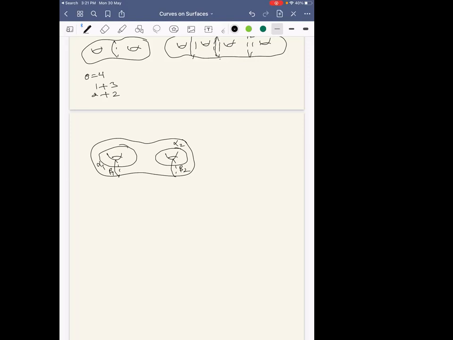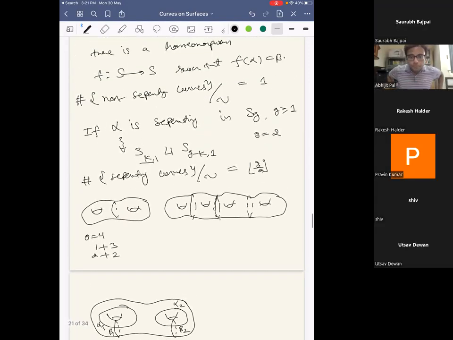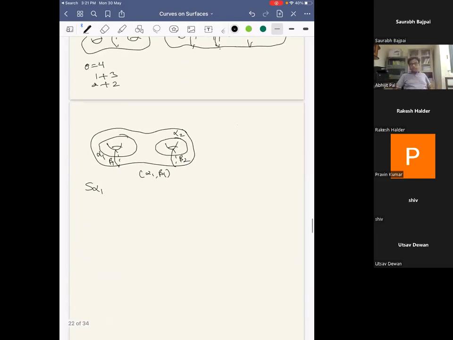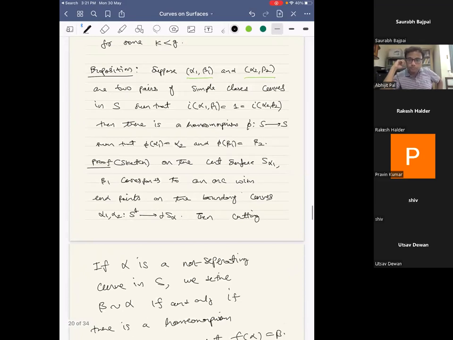First, you look at this cut surface along alpha 1. Let's analyze this pair alpha 1, beta 1. On the surface, let's see what beta 1 corresponds to.